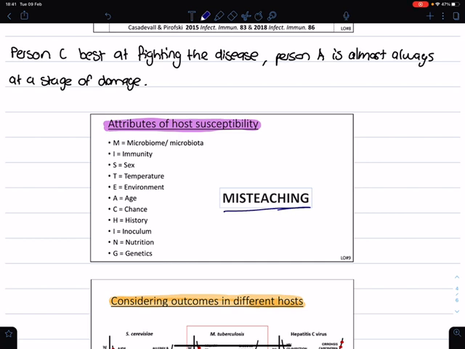The E stands for environment. The A stands for the age of the patient. The C stands for chance. The I stands for the inoculum, how much of the microbe is ingested or is in contact with you. The N is for nutrition, and the G is your genetic capacity. So those are the attributes of host susceptibility. That's what contributes to how ill you might get from a specific microbe or pathogen.